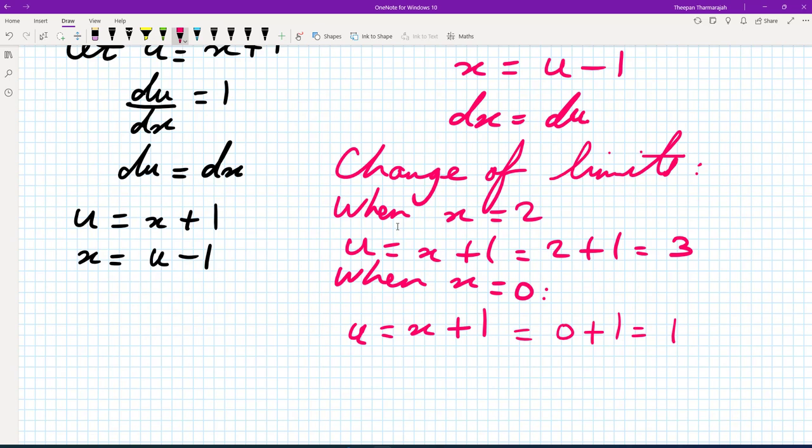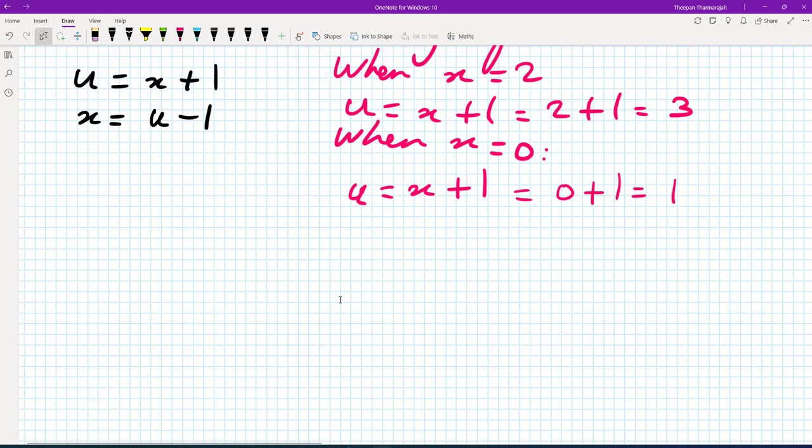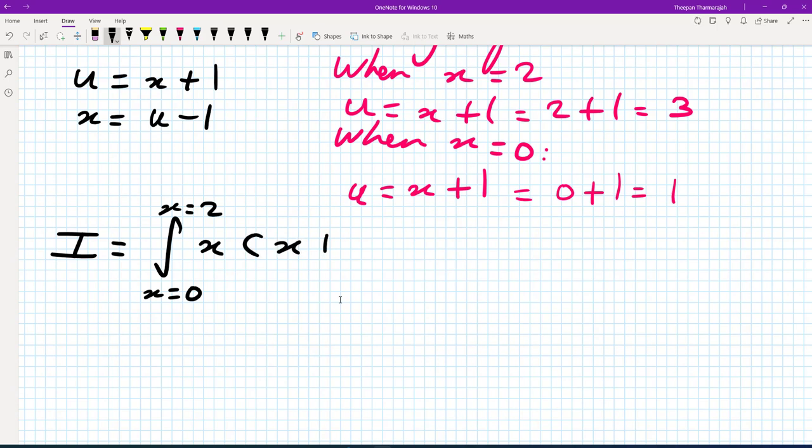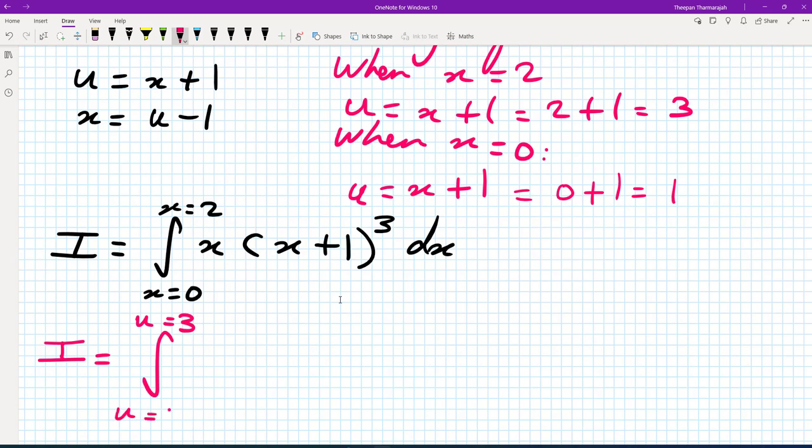So now we can do it as substitution. As before, we're going to write the old integral out so we can see what we're doing. It's the integral originally between x equals 2 and x equals 0, of x times (x plus 1) raised to the power of 3 dx. But we need to substitute this in terms of u. Our new limits are u equals 3 and u equals 1.